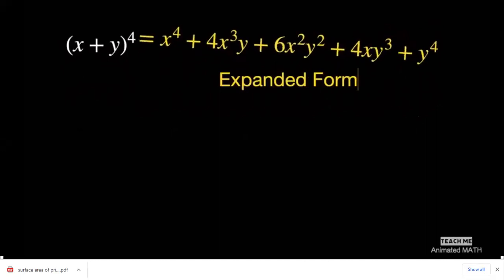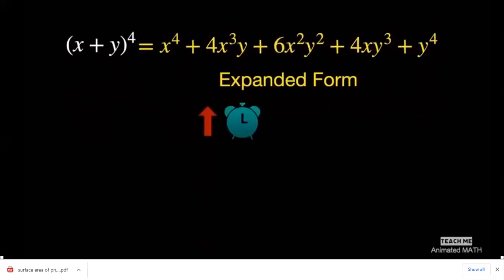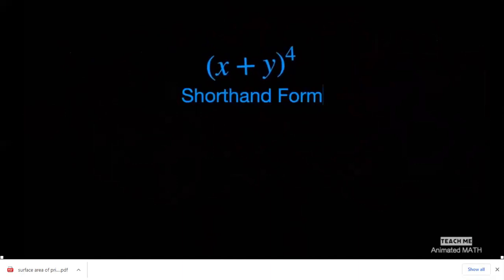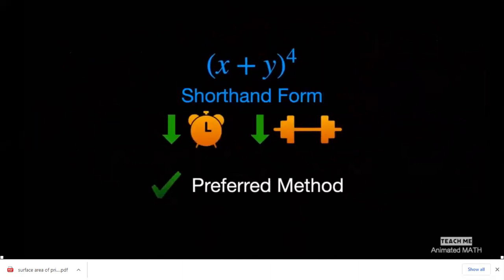We would be spending a lot of time solving a problem whenever we have to expand a mathematical expression. So knowing how to use exponents is a powerful, time-saving, and friendly way to solve math problems.